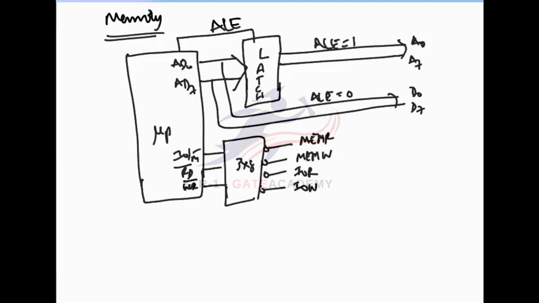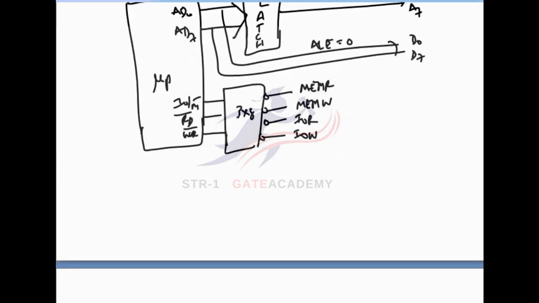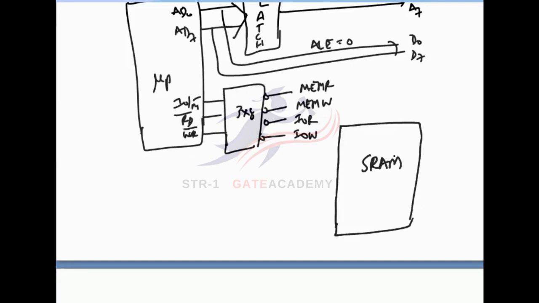Now our topic is interfacing with memory. Here I am connecting memory. Let us assume this is one memory, SRAM. This memory requires address bus and data bus.